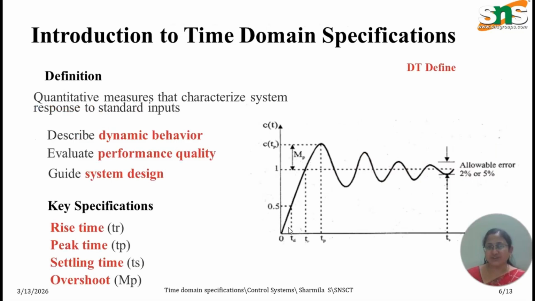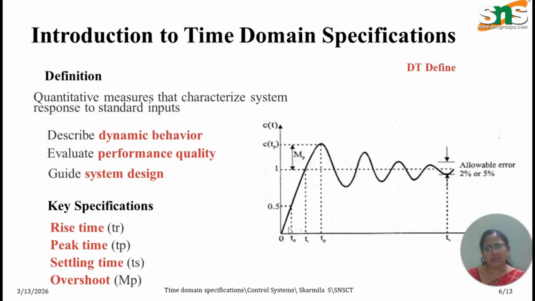So let's move to the defining stage of the design thinking stages, that is, Introduction to Time Domain Specifications. Time domain specifications are quantitative measures that describe how a system responds over a particular time period. They help us describe the dynamic behavior, evaluate the performance quality, and guide system design.